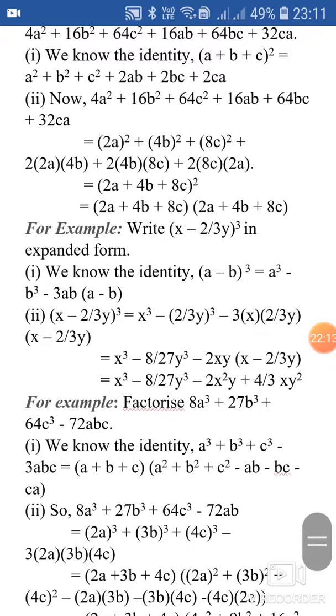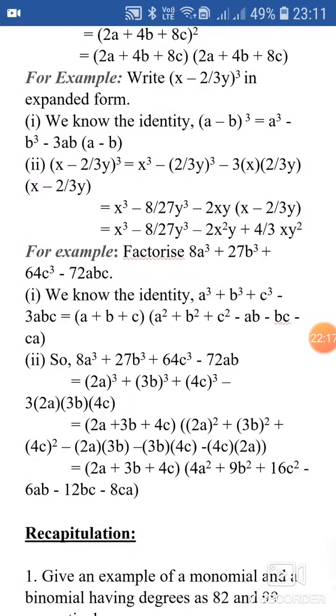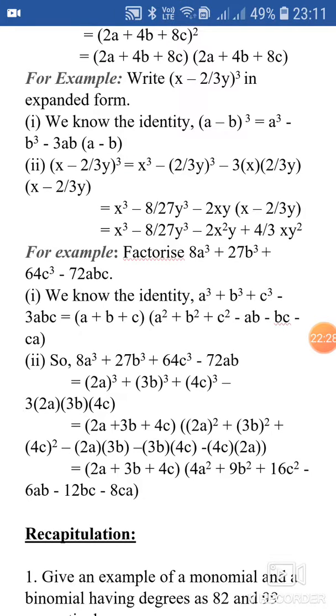Then the next, third example uses the cubic identity: (x minus 2 by 3 y) whole cube. So the first term whole cube is x cube. The second term whole cube, (2 by 3 y) whole cube, is 8 by 27 y cube. Then minus 3ab into (a minus b). Please solve and simplify and we will get the answer.